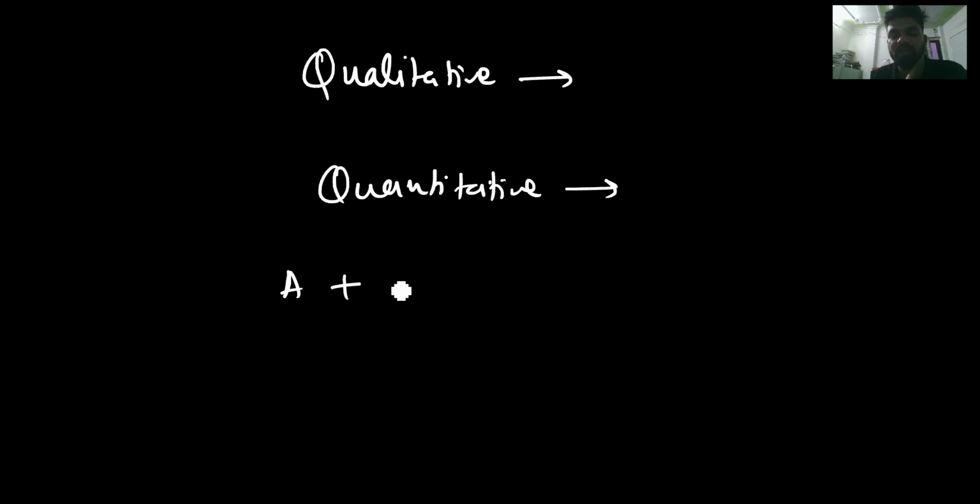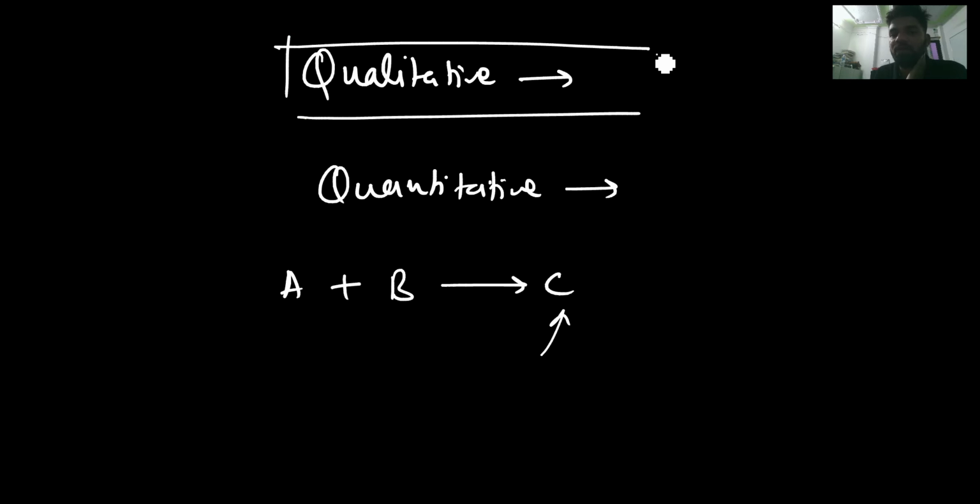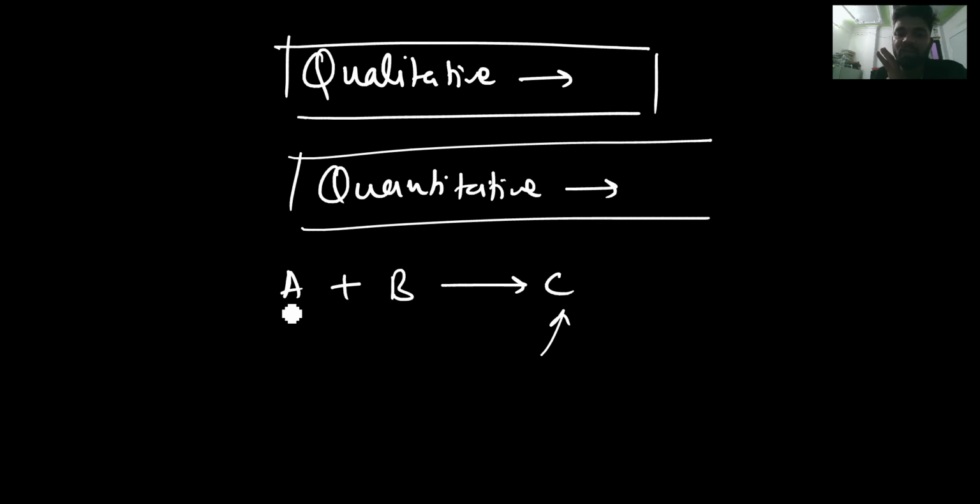For example, if I'm saying A plus B react to form C, when they react together, what product is going to form, that comes in the qualitative measures. And another one is the quantitative. This means that when A reacts with B, how much amount of C is going to form and how much amount of A is being required to form a particular amount of C. Okay, so this is the quantitative measure.